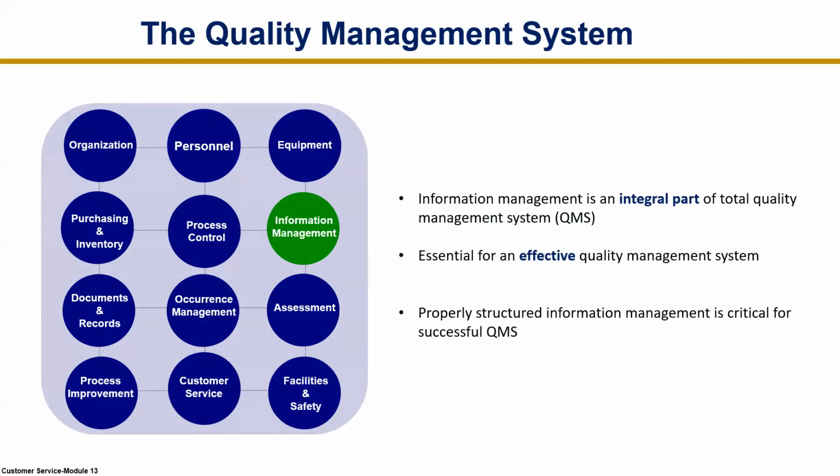So for a lab to have an effective quality management system, information management is also part and parcel of the components of the total management system. It is important that the information management system is properly structured in order to have very successful quality in the lab.